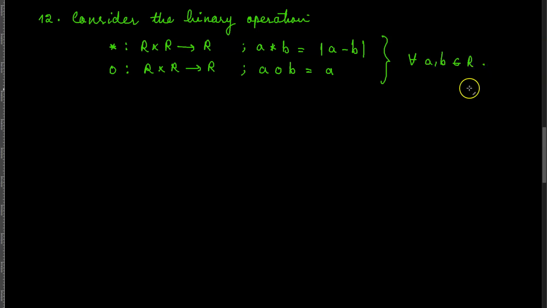belonging to R, right? You want to show that star is commutative but not associative.